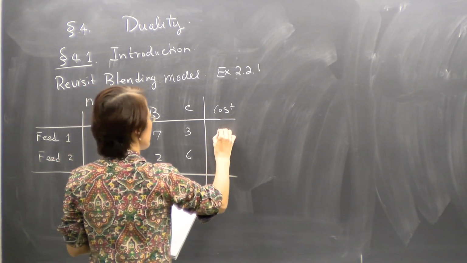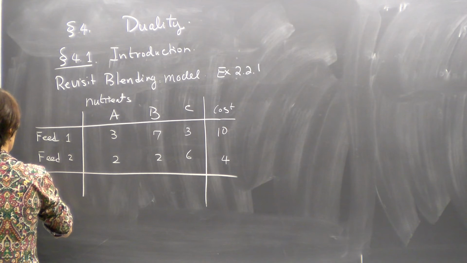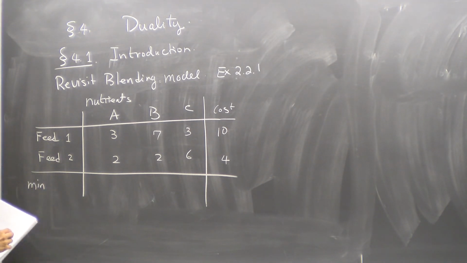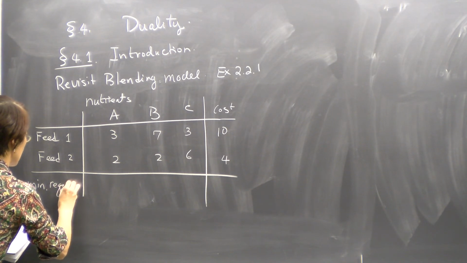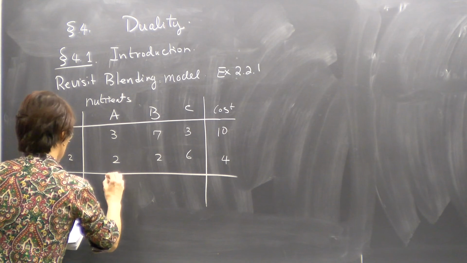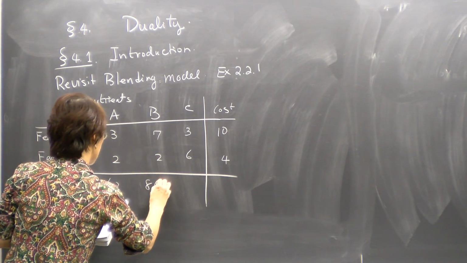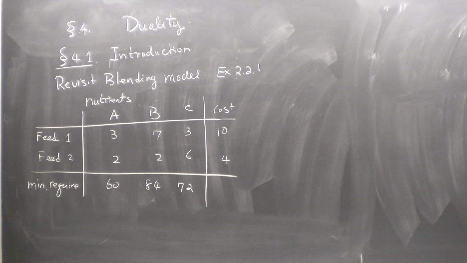I think you remember this example. We went through this, did we, or not? Each feed has a cost, and then there is the minimum requirement. So you must give 60 units of nutrient A, 84 of B, 72 of C, otherwise your chickens will get sick.